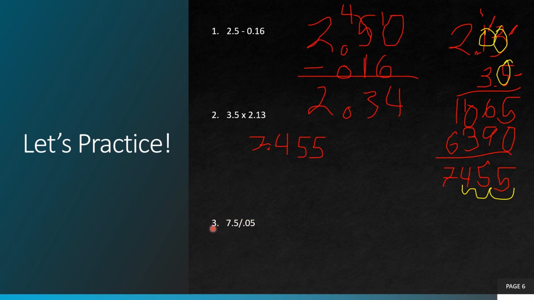Number 3, we have 7.5 divided by 0.05 specifically. So we're going to set this up. We're going to start with our division sign. But real quick, we're going to start with the smaller one right here just so that you can see what's going to happen first. So we've got 0.05 and 7.5.